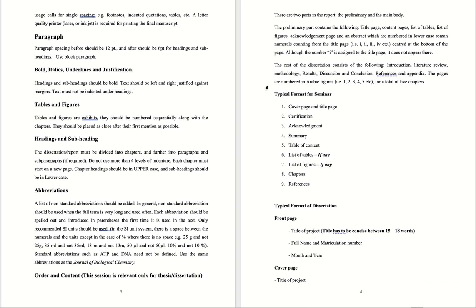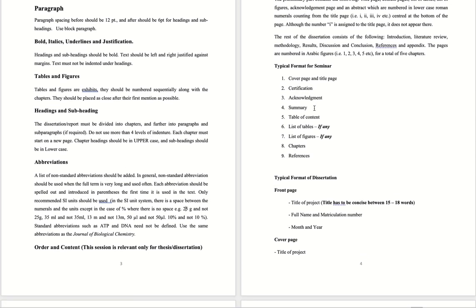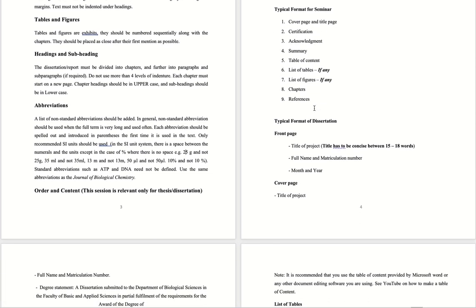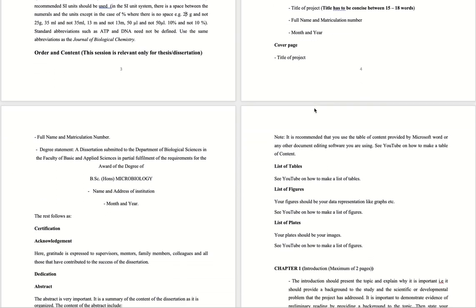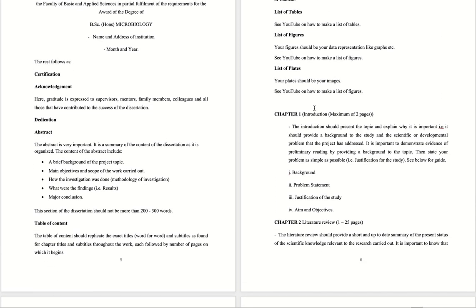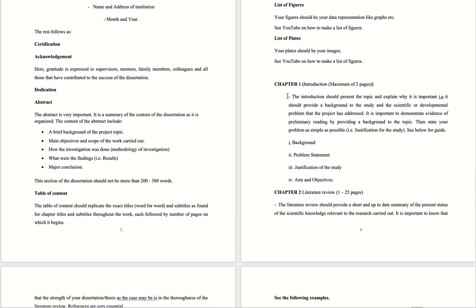And so you have information giving you a typical format of your dissertation, which you need to read and follow. And again, you have a breakdown of what your chapter 1 needs to look like in terms of the information that it needs to write on.